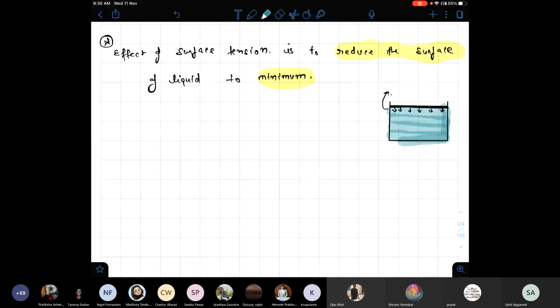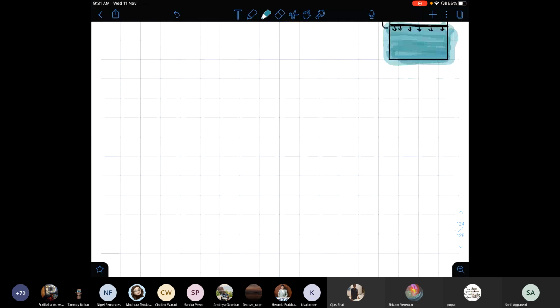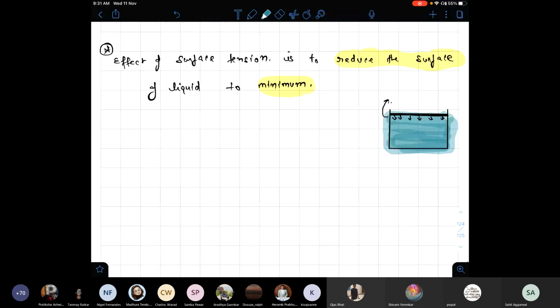Because of surface tension, surface particles have come down. Shrinking of liquid has taken place. Now you want to go back, to achieve the initial position. For that, you have to do some work. Getting it?